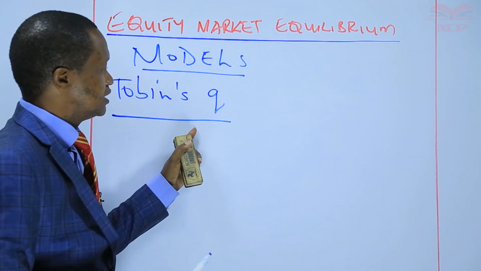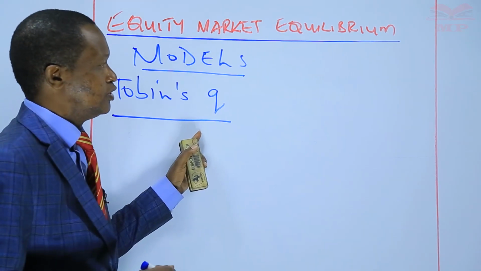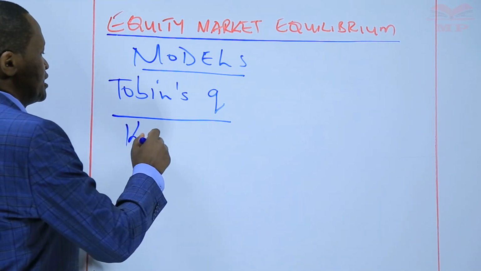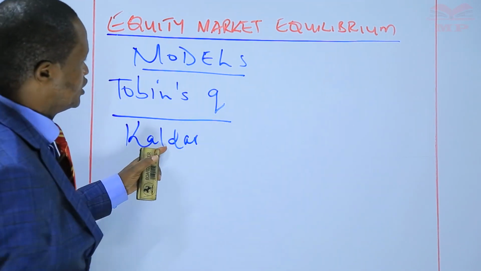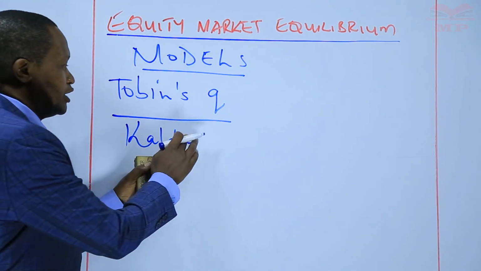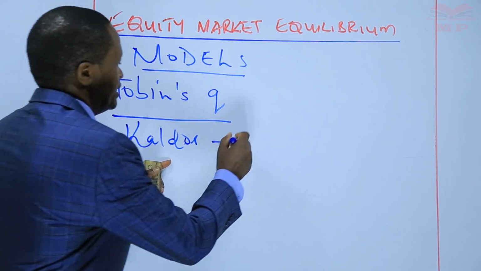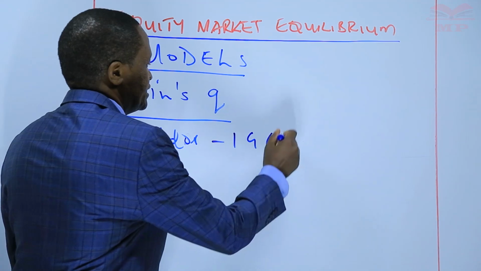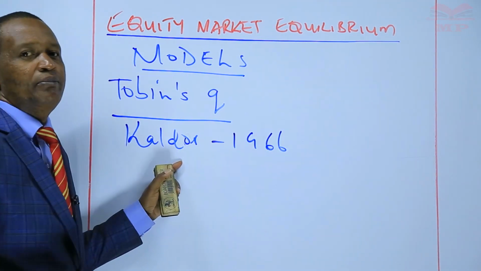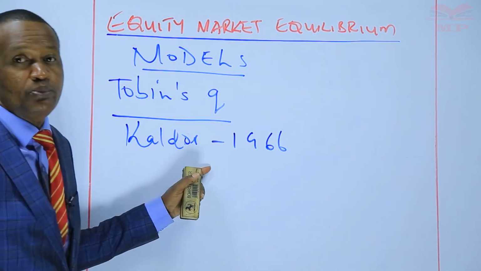This model, candidates, was introduced by Nicholas Kaldor in 1966, through his paper Marginal Productivity and the Macroeconomic Theories of Distribution.